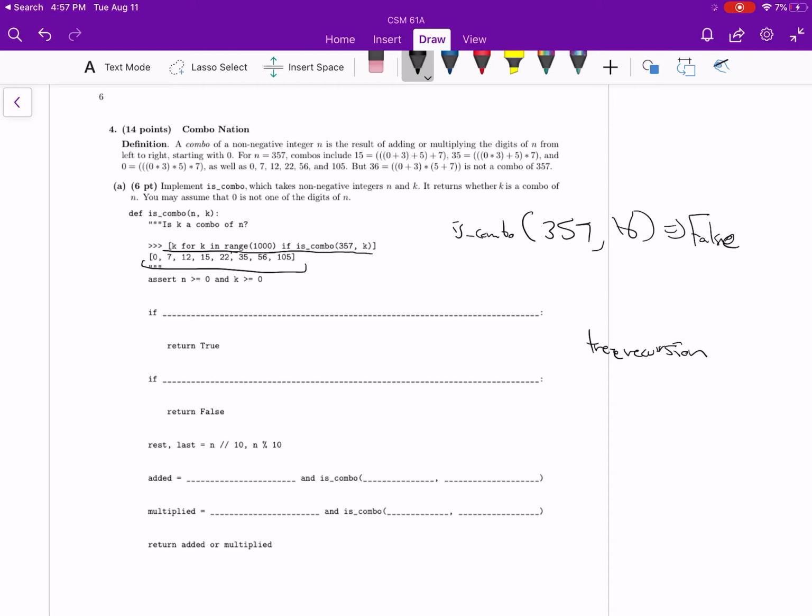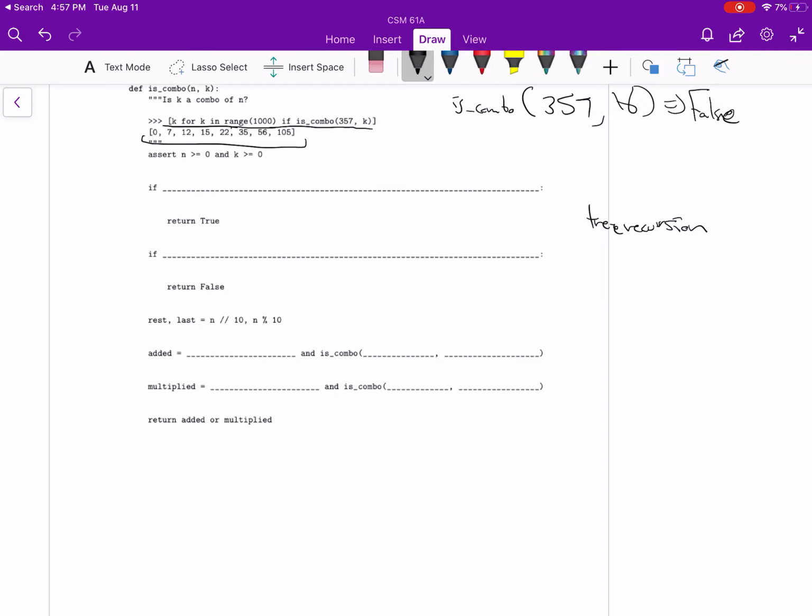You can also see that by looking at the recursive calls here, where you have one recursive call to isCombo in the added variable, and one recursive call in the multiplied variable. And in the end, you combine these two recursive calls to get added or multiplied.